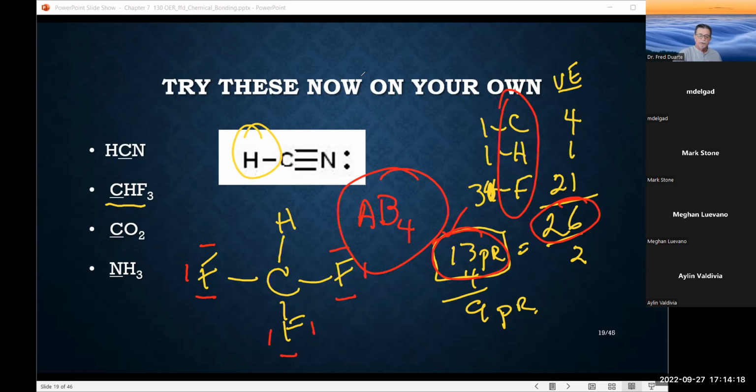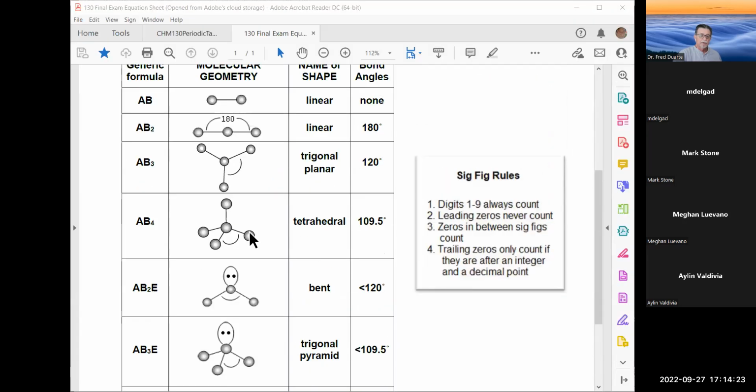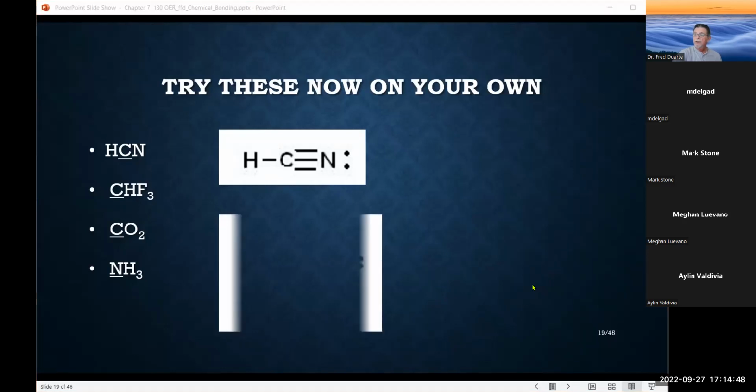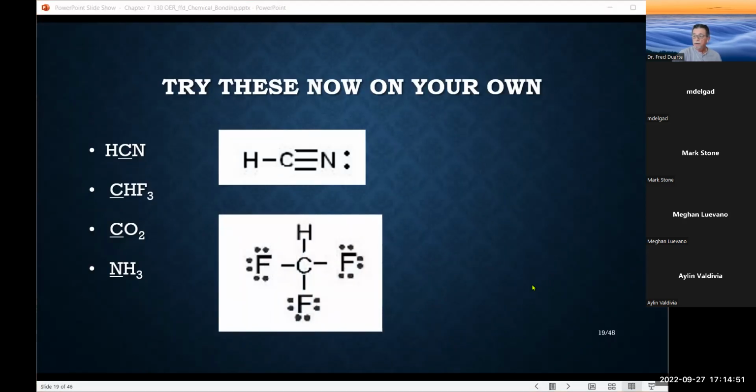With that information, we go to the shapes table and look for AB4. And there it is right here, AB4. It is tetrahedral. The bond angle is 109.5. Here's carbon. That could be hydrogen, and then the other fluorides around it. And tetrahedral. All right, so that is the formula.